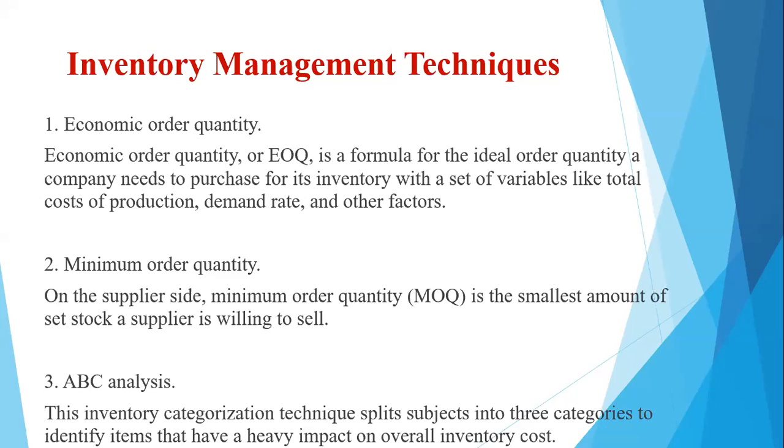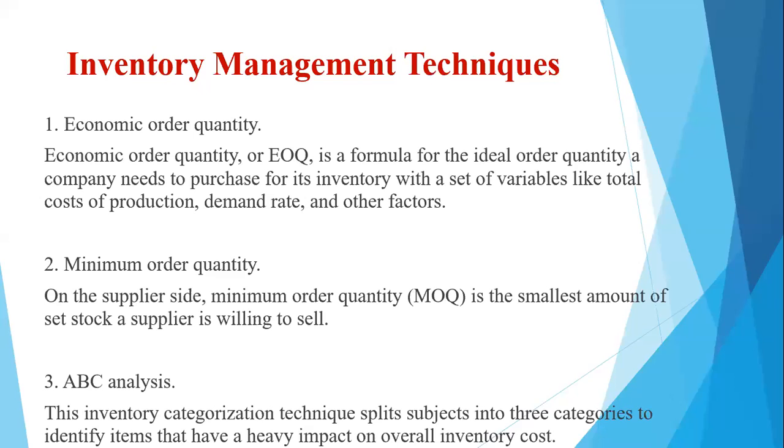So the next technique is the ABC analysis. Here, this is an inventory categorization technique that splits up the inventory into three categories to identify the items that have a heavy impact on the overall inventory cost.